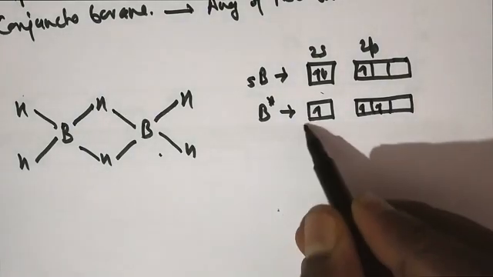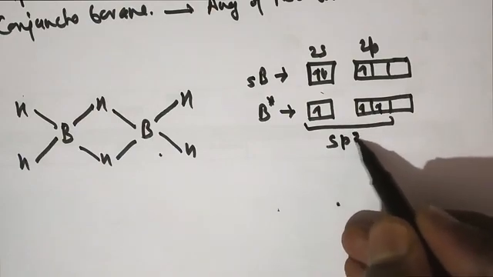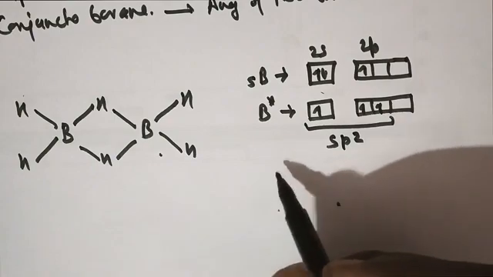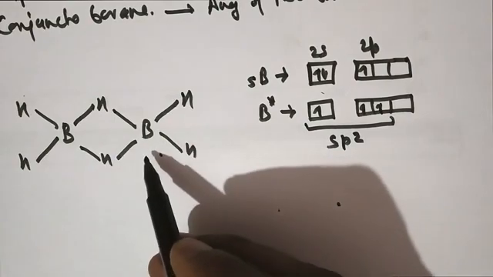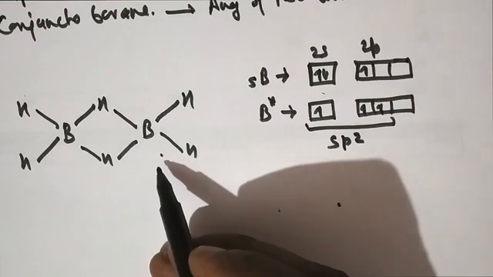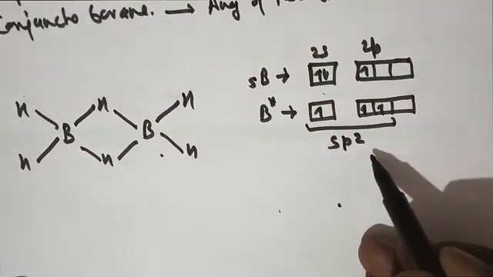So the general hybridization for boron will be sp2. These two borons have the hybridization sp2.